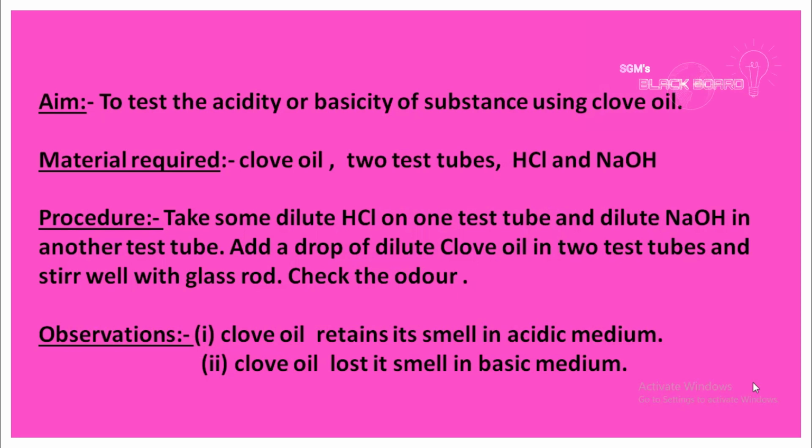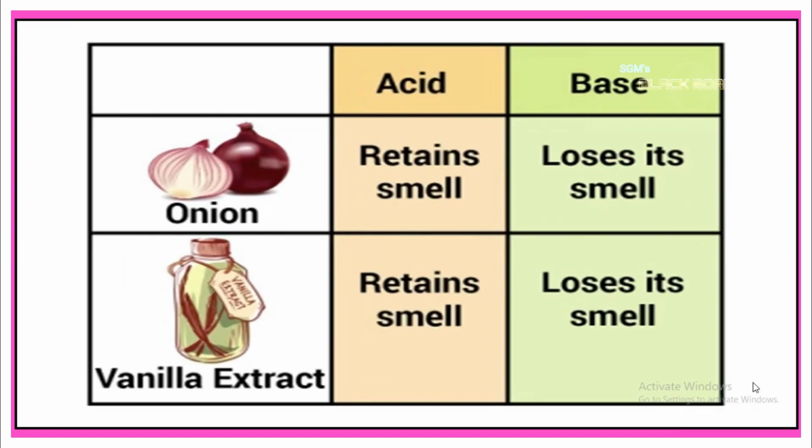So in this way we can identify the acidity and basicity of substances by using olfactory indicators such as onions, vanilla essence and clove oil. Let us brief up these activities.